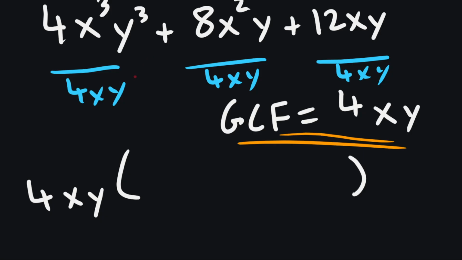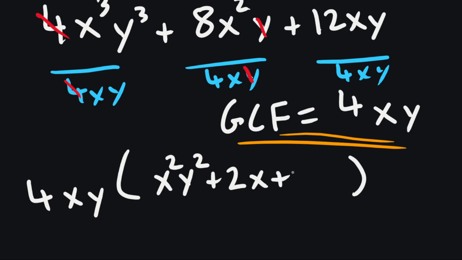Okay, so these 4's cancel out, 4 divided by 4, and x cubed divided by x using the quotient rule, that's x squared, and then y cubed divided by y is y squared, again using the quotient rule. So 8 divided by 4 is 2, positive 2. In this next term, x squared divided by x is x, and y divided by y, those cancel out. Now, over here in this third term, 12 divided by 4 is positive 3, and these xy's cancel out.